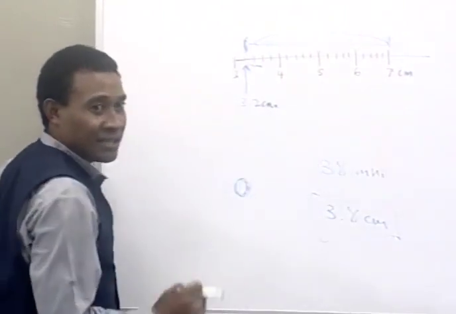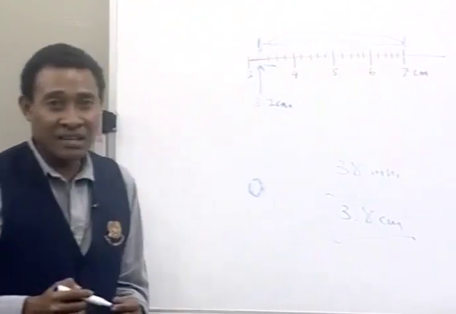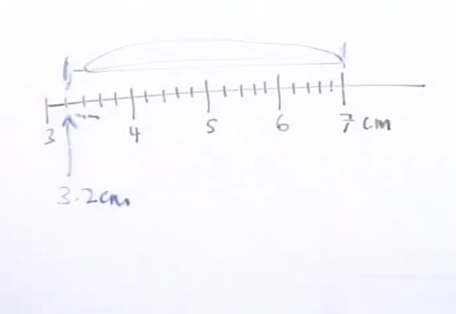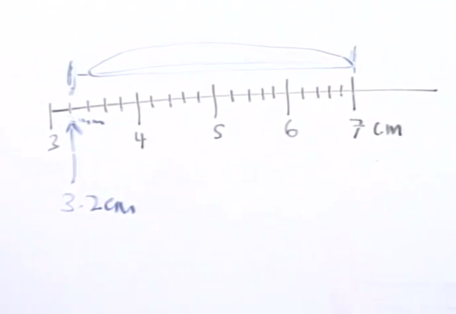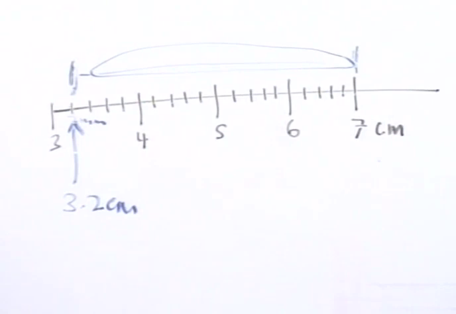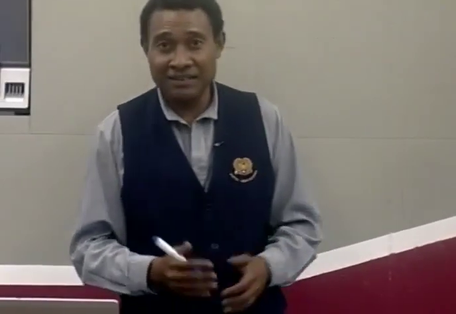So it's not 7. You must always start from 0, wherever it is. So this kind of measurements can be done when you're looking at thermometer, measuring cylinders, the beakers. You may be tested on this, or taking a length of something. So that is your answer. Receiving students, you will find that the answer is not in the answers that are provided. It's 3.8 centimeter.